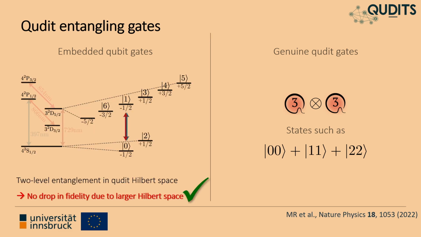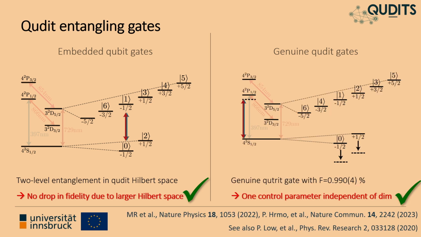And quite intuitively, we can achieve qubit entanglement by driving one of these transitions in our ion with a slightly modified Mølmer-Sørensen gate. That gives us the qubit entanglement. We see again, like before, we can control all the other states, so we don't have any drop in fidelity when we do that. If you want genuine qudit entanglement, one way to get there is you drive far off resonant, so that you're actually coupling to the whole ground state manifold versus excited state manifold, and that gives you directly qudit entanglement.